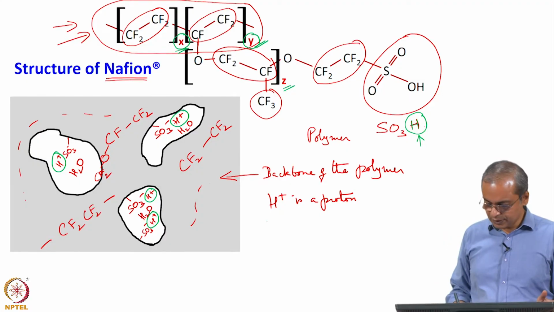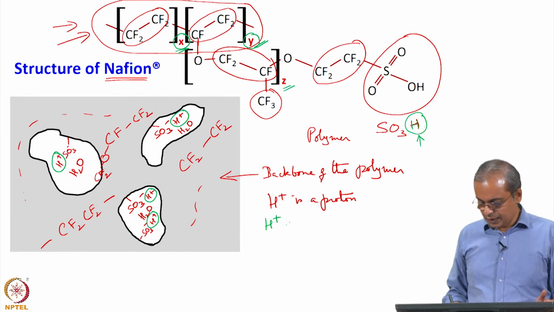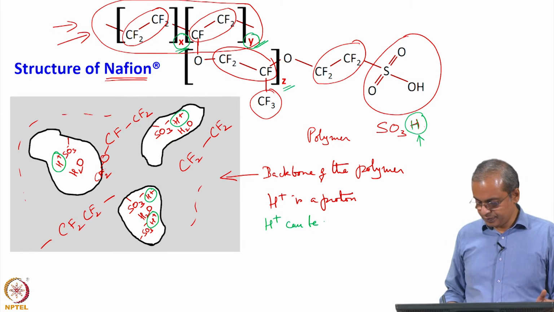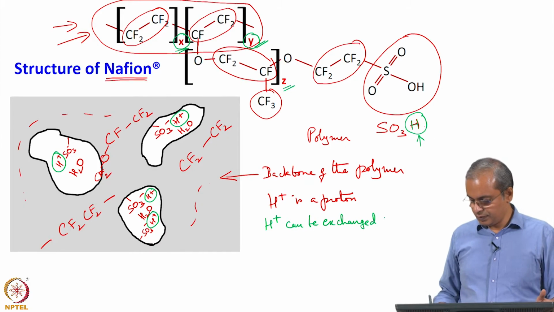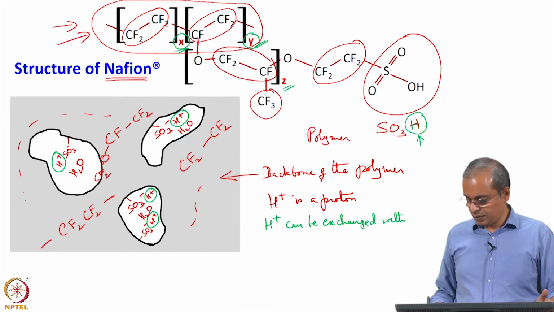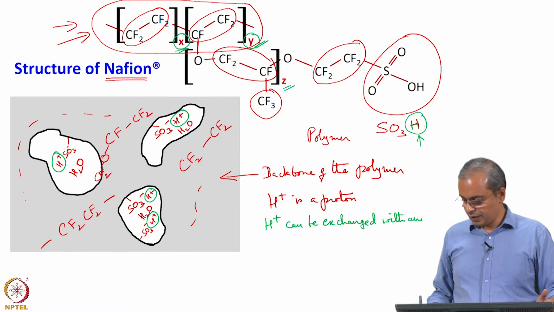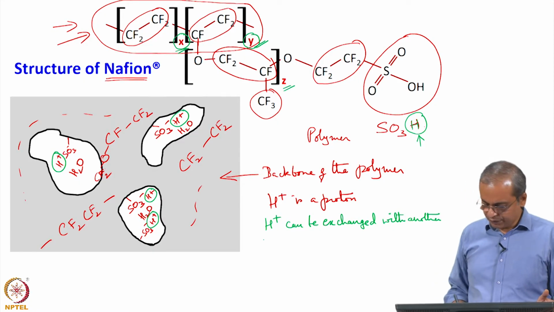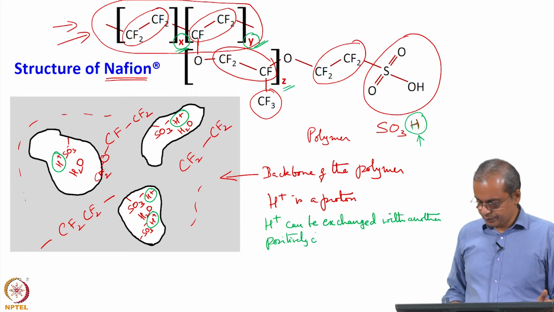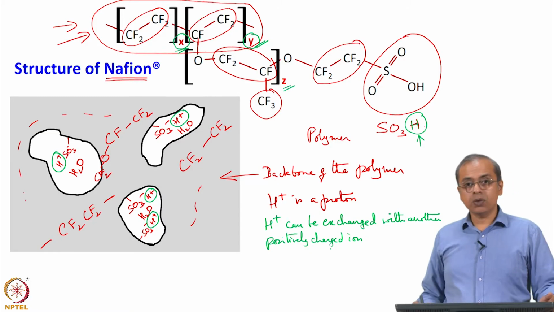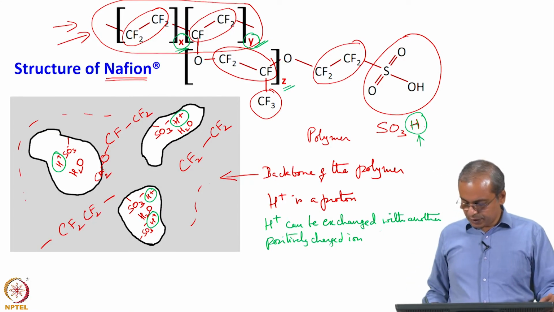Okay, so H plus can be exchanged with another positively charged ion. So, for example, we can replace H plus with, for example, Na plus.